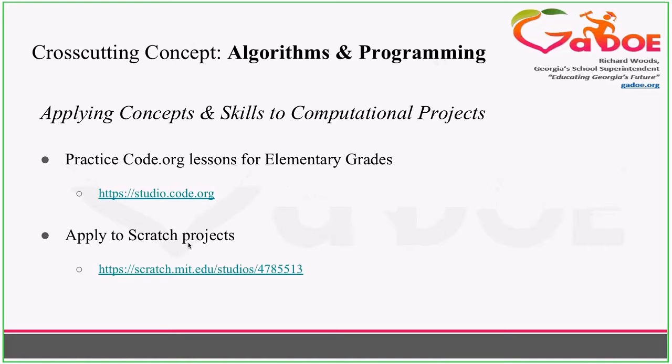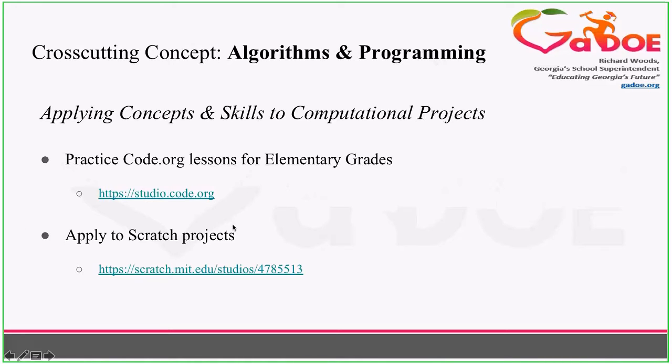Code.org has the lessons structured for the teachers, ready to go. They're scripted. They're canned and easily implemented in the classroom. Now, what you do with them and your creativity involved in that is up to you, but they're ready to go, and they can serve as an infrastructure or backbone for students learning concepts and skills in computer science, and then applying those to other types of activities or projects that you want to do.